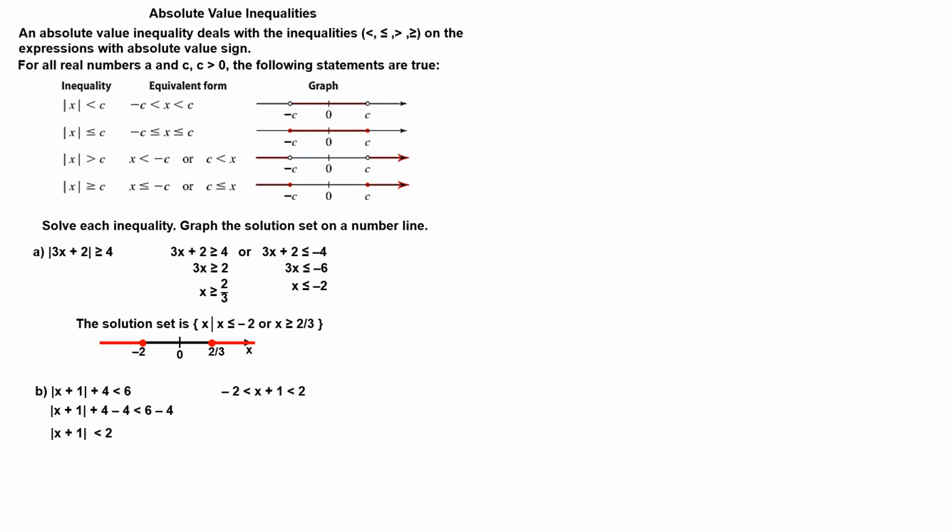We now solve the compound inequality to get the solution. We isolate the variable by subtracting 1 from all three parts of the inequality. Pay attention. The solution set is x such that x is between -3 and 1.